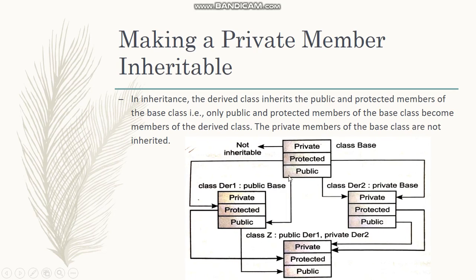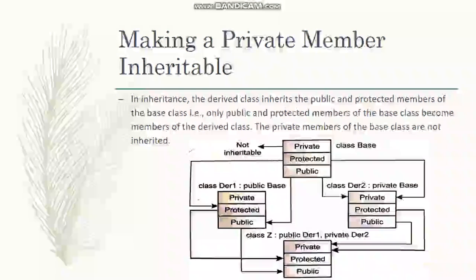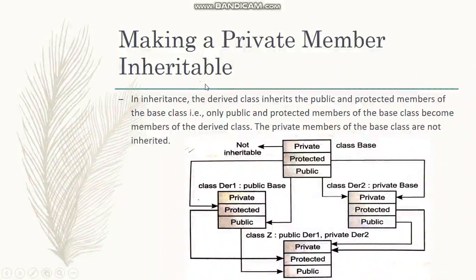Now let us see the making of private member inherit. In inheritance, the derived class inherits the public and protected member of the base class. That is, only public and protected member of the base class becomes the member of derived class. The private member of the base class are not inherited.